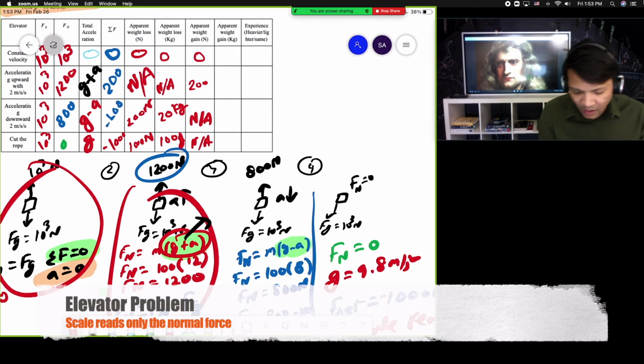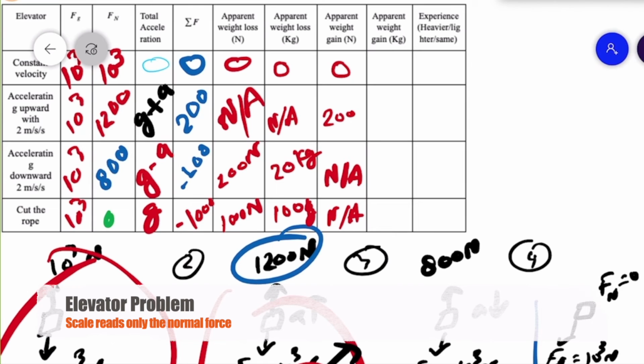Alright, now let's see. No apparent weight gain. So now we're going to do apparent weight gain in kilogram. So 200, this is going to be 20. All right, apparent weight gain is 0, and when accelerating downward, apparent weight gain is 0, not essential.